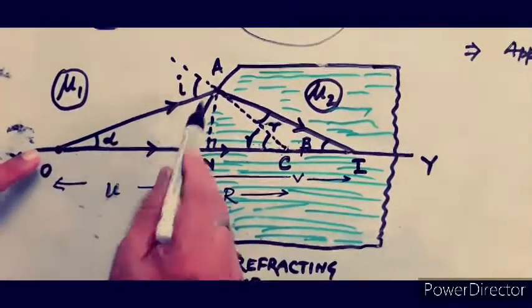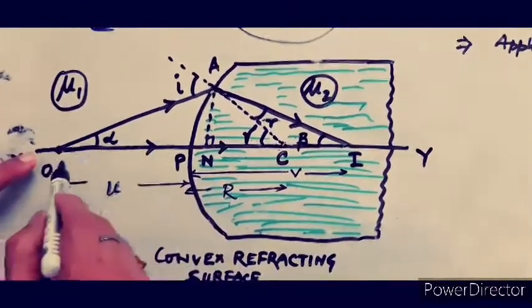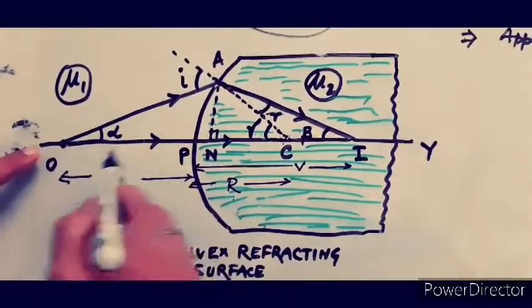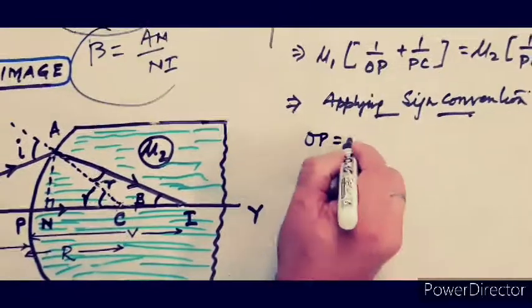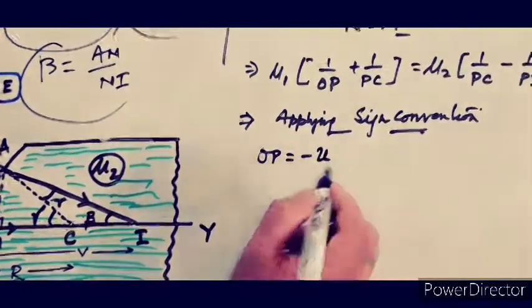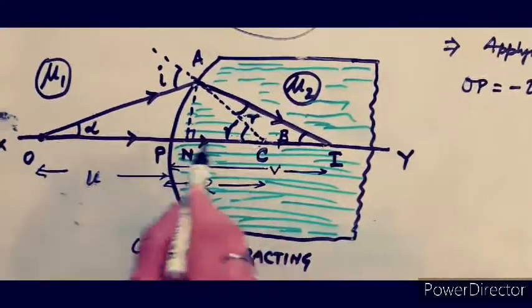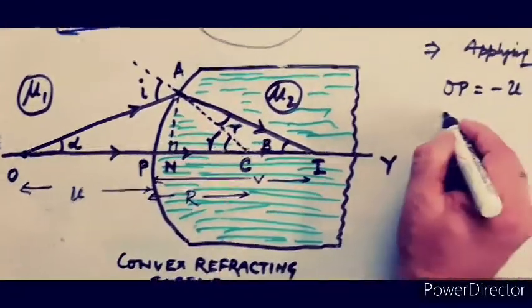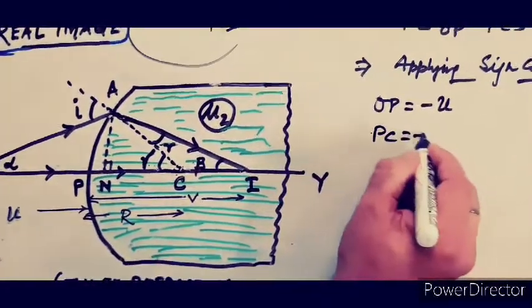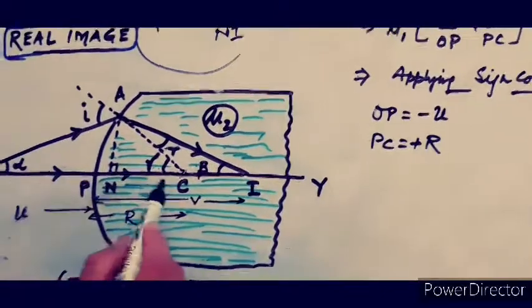The direction of the incident ray is this, so all distances should be measured from P. So u is negative, and in place of OP we can write minus u. Then comes PC. PC is along the direction of the incident ray, so it is taken as positive. PC is plus R.